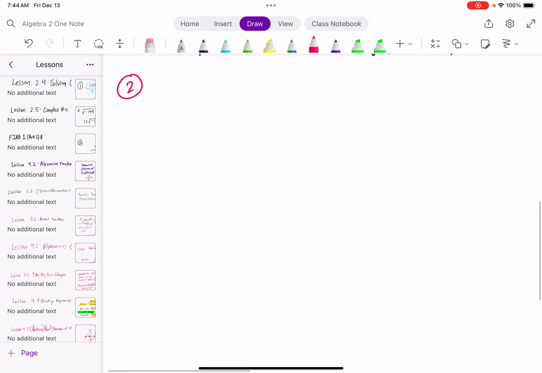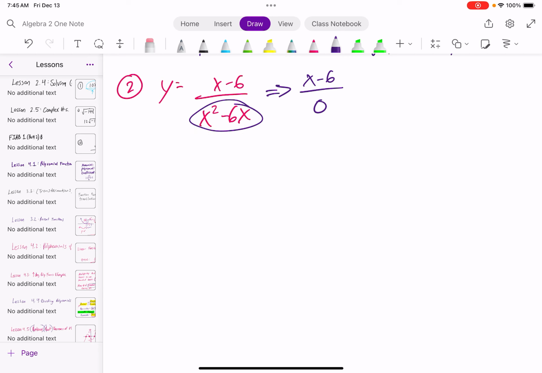Number 2 says, find the vertical asymptote of the function below, right? So y is x minus 6 over x squared minus 6x. Again, the question, right, we're trying to get to x minus 6 over 0. How can we make this equal to 0?